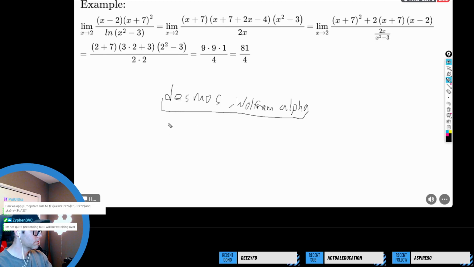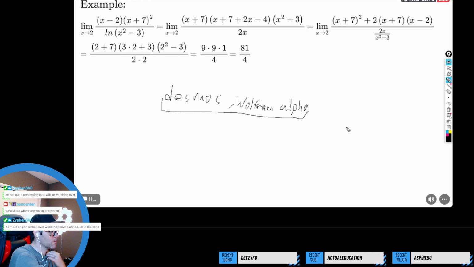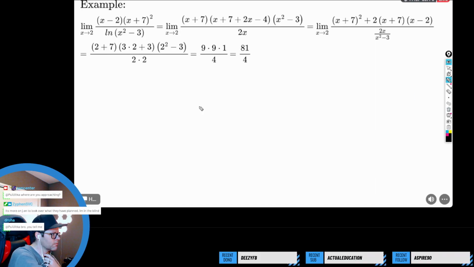Yeah, the main idea is to find functions that you see as interesting and to try and take their derivative. Also, a cool thing is multivariable calculus.